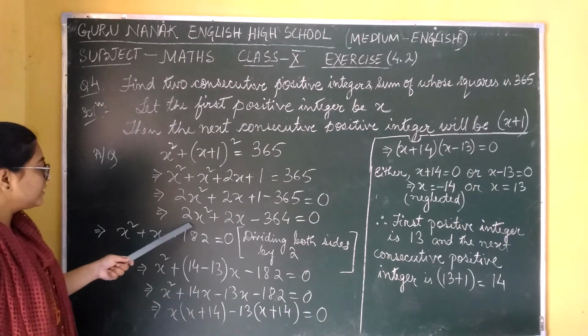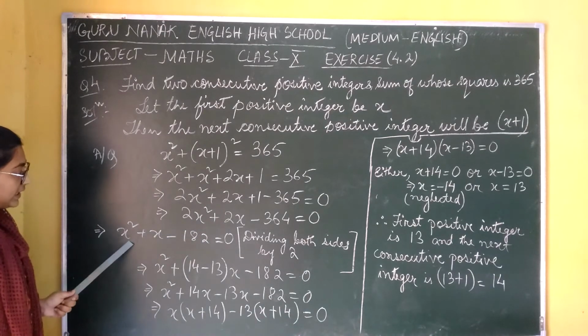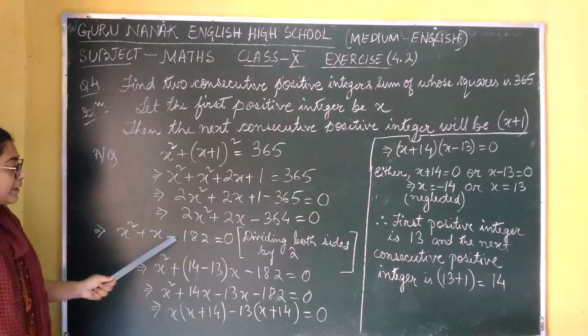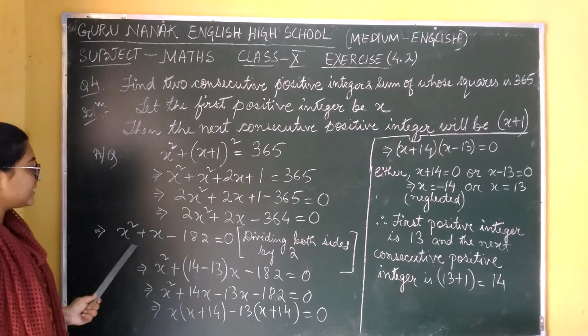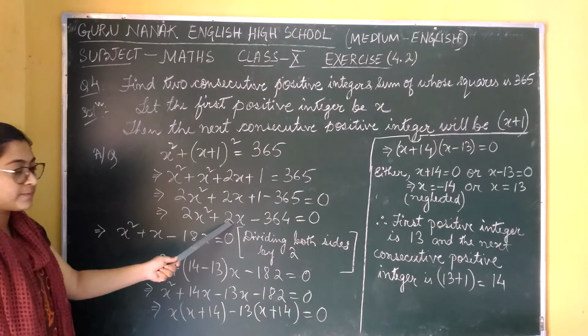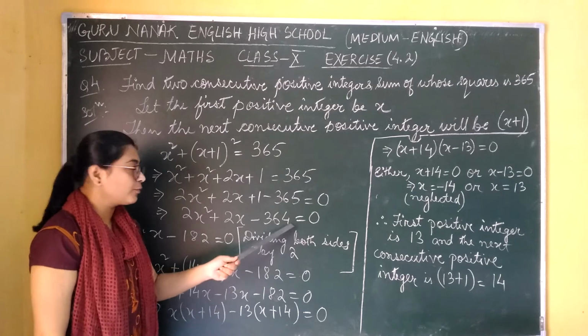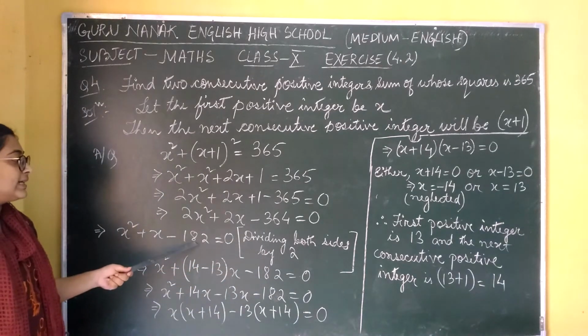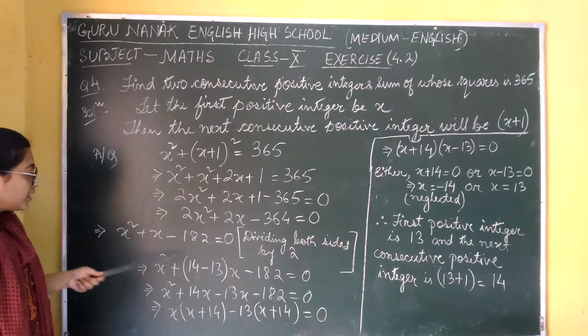So if we divide by 2, we will get x square plus x minus 182, because if we divide 2x square by 2 we get x square, if we divide 2x by 2 we get x, and if we divide 364 by 2 we get 182. Now this is equal to 0.